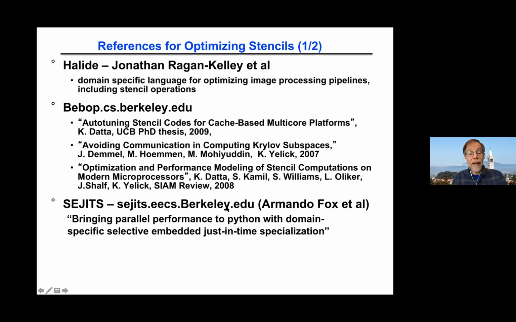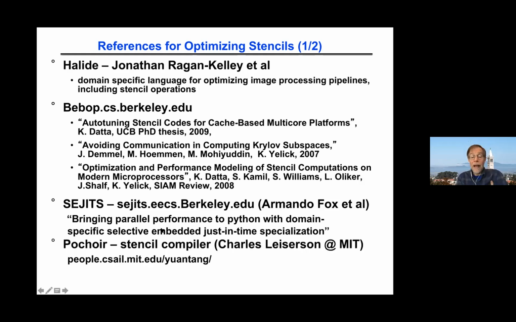And again, you express things in a high level language and use just-in-time specialization to map it down to a specific hardware. And then another older project at MIT called Pochoir, which was done by Charles Leiserson and his team, which is again a domain-specific language where you can express the stencil operations you want to do at a high level, and it tries to map it to hardware.